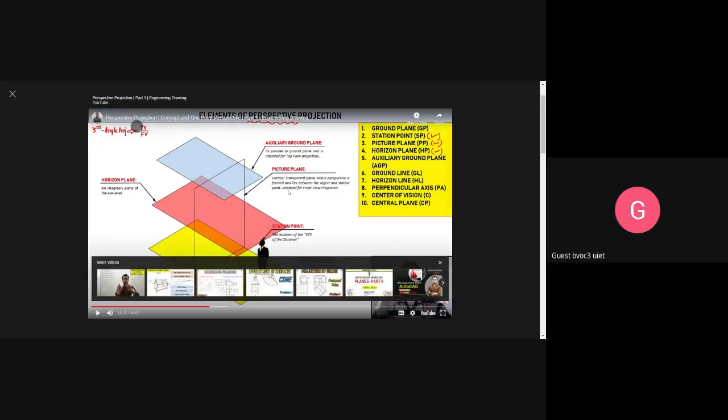Don't worry, everything will fall in place. We have studied in orthographic projection as well that we work in the third angle projection only, in which you have your top view and then you have your front view below it.